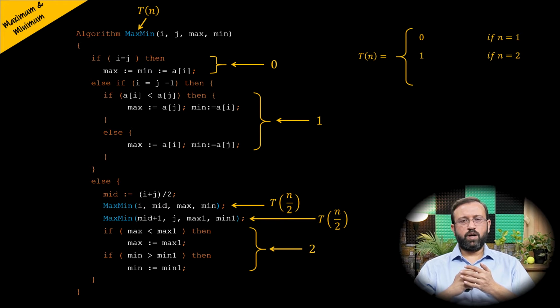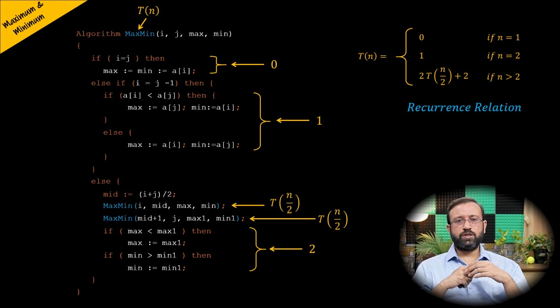So we have two comparisons here. Therefore, if the problem is large, that is, if n is greater than 2, then we have 2 t of n by 2 for recursive calls plus 2 comparisons for the if statements. So this is our recurrence relation for the recursive MaxMin algorithm.